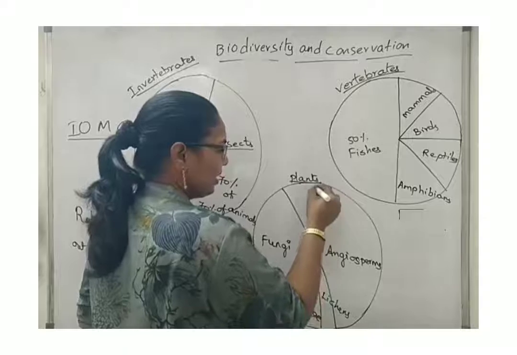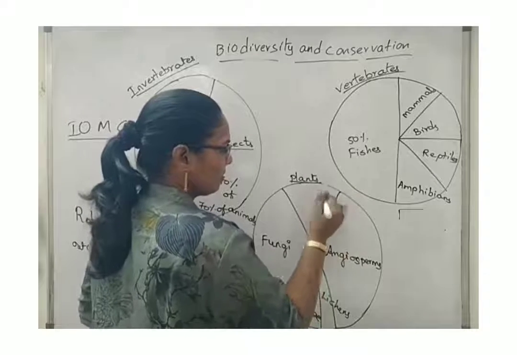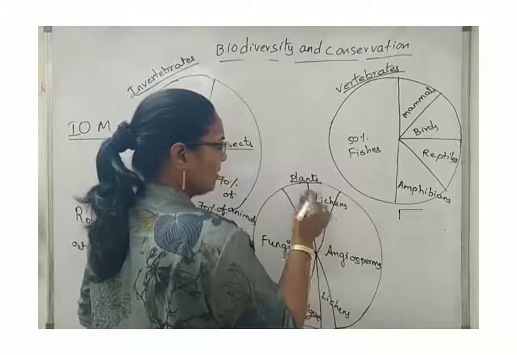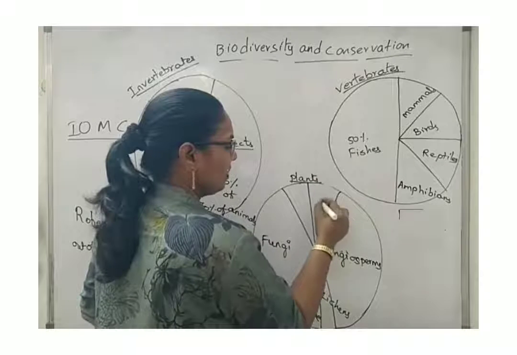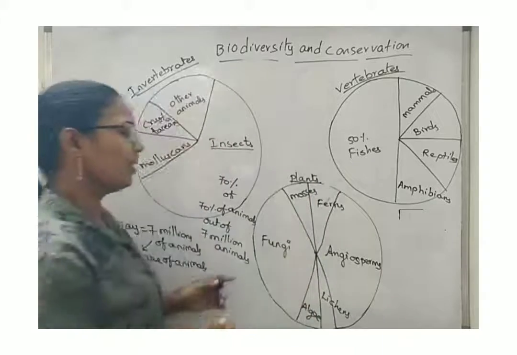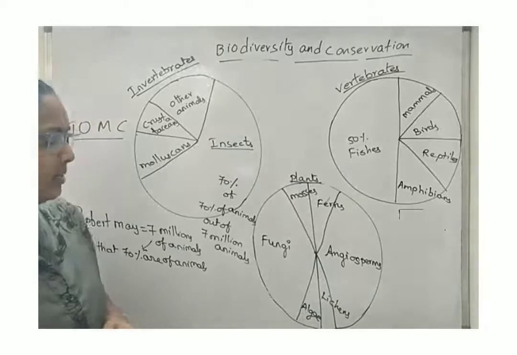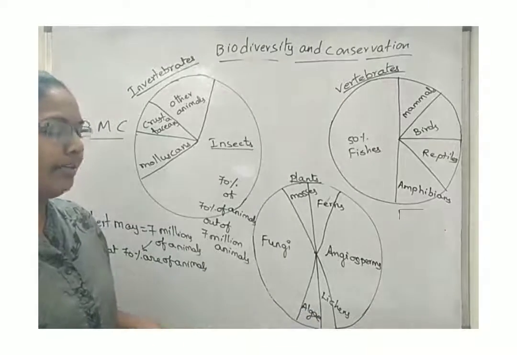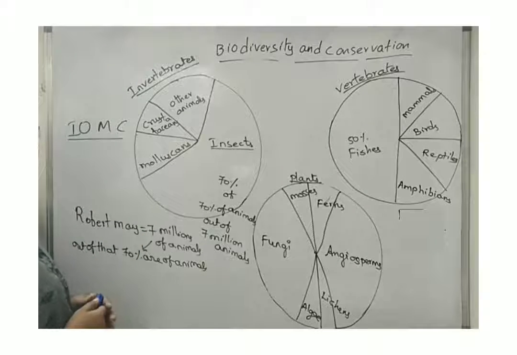Next, here we will see mostly equal distribution: lichens, ferns and mosses. We know that ferns are studied under pteridophytes, mosses under bryophyta, and lichens are nothing but symbiotic association of algae and fungi together. So these are the three different pie charts.